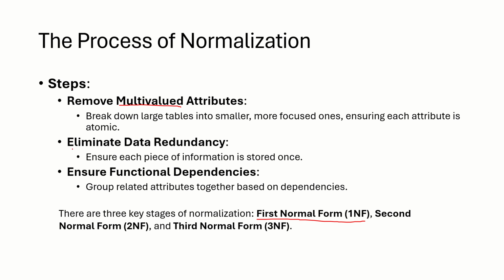Second step, we need to eliminate the data redundancy. We need to ensure each piece of information is stored once and only once. Then we need to ensure the functional dependency. We need to group related attributes together based on dependency.